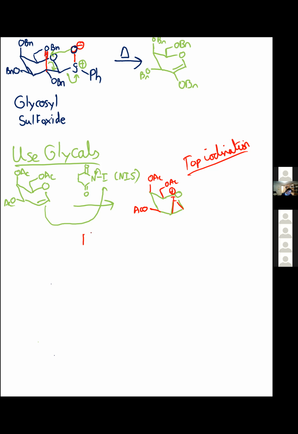Similarly, NBS or NCS, which is the chloro or bromo versions of this, also give you the top.